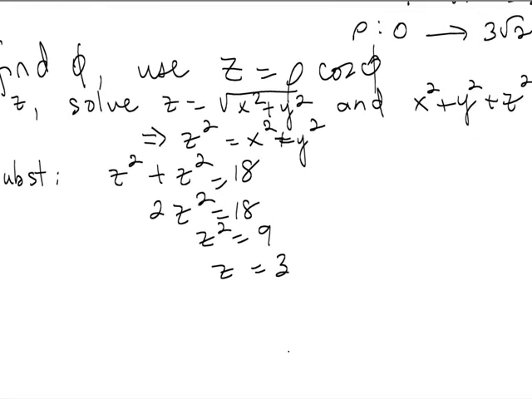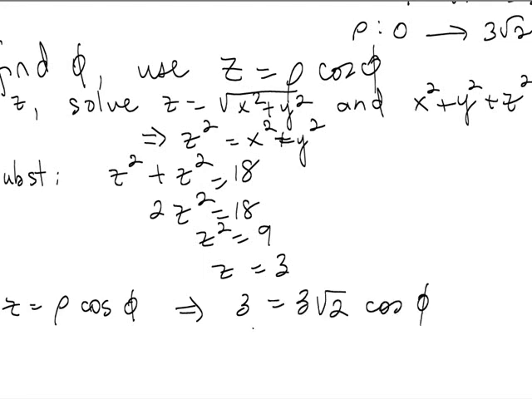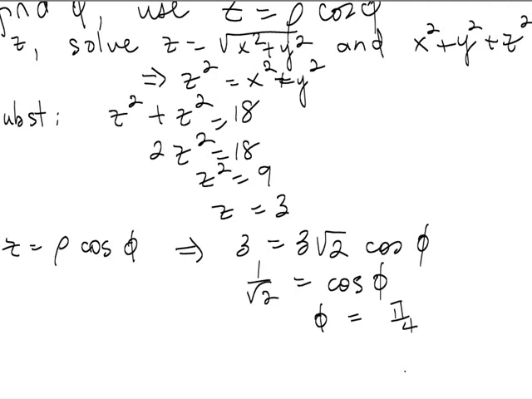Now we can use the formula. z equals rho cosine phi tells us that 3 equals 3 square root 2 cosine phi. So 1 over square root 2 is cosine phi, and so phi is pi over 4. Therefore the limits for phi are 0 to pi over 4.